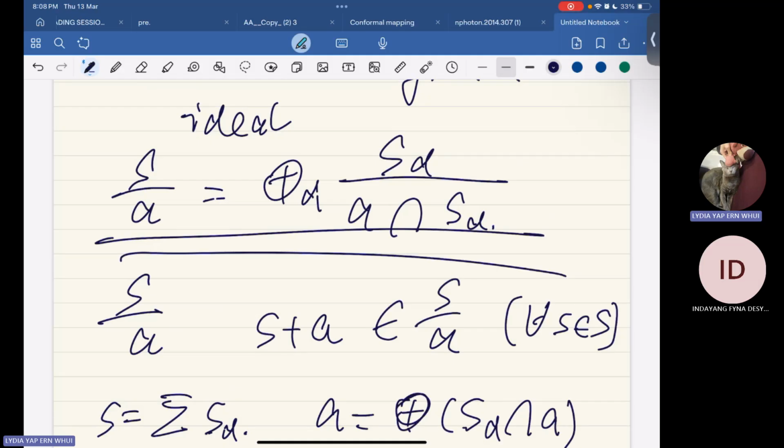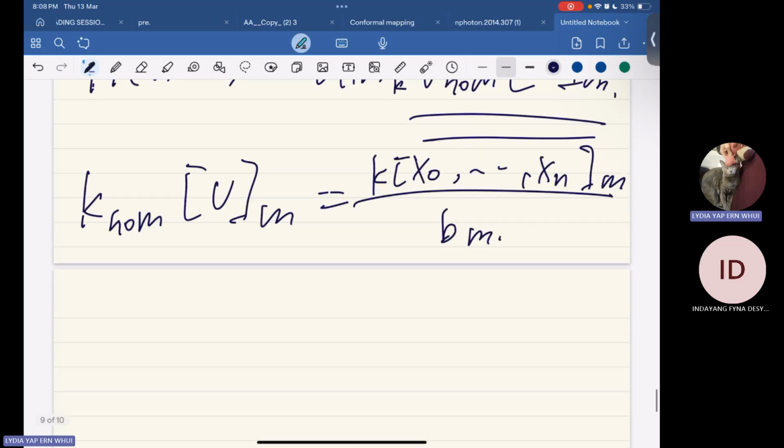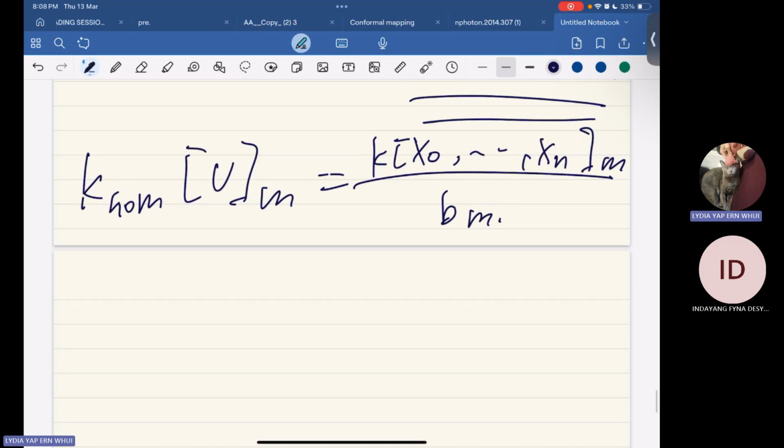We can see that the d-th graded piece of the quotient ring is just the d-th graded piece of the original ring quotient the d-th graded piece of the ideal. From this we can see that the dimension of the homogeneous coordinate ring is just the dimension of the m-th graded piece of the polynomial ring minus those dimensions that vanish on this projective variety, right? Later we can see some examples of this.